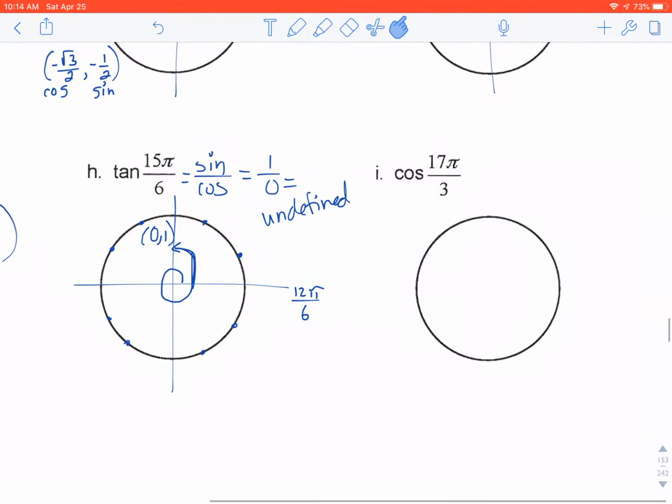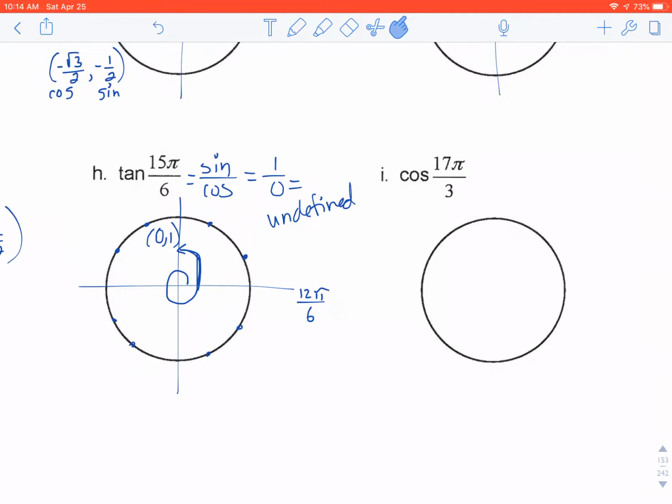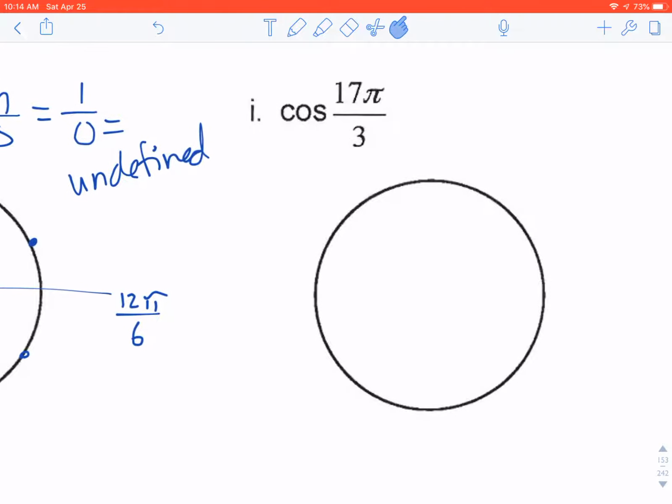All right, letter I. Another one that we want to wrap around a few times here. We have cosine of 17 pi over 3. Again, I'm going to draw our points from our unit circle just to make this easier for us, to find where 17 pi over 3 is. Then we'll get our ordered pairs.